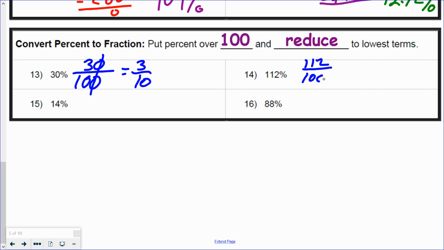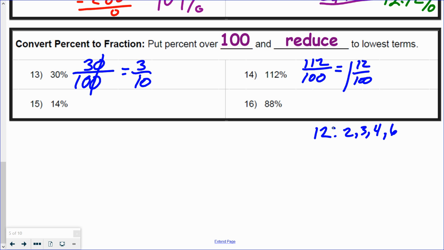Well, first thing off, I have a mixed or improper fraction. Okay, so I gotta take 1 and then 12 hundredths. Well, numbers that go into 12: 2, 3, 4, and 6.